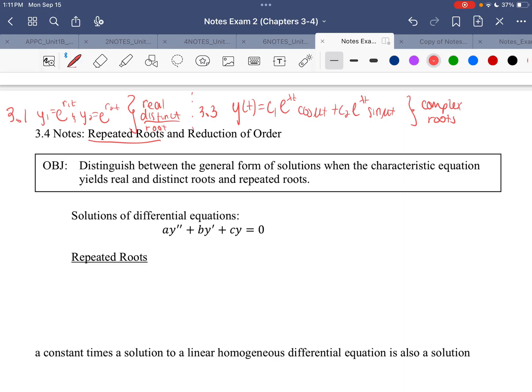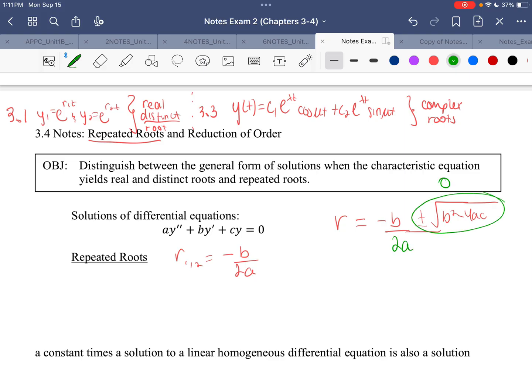So repeated roots is when it factors usually into a multiplicity of 2. And if you're doing the quadratic formula or completing the square, it's basically where the thing in the radical, the b squared minus 4ac, is 0.